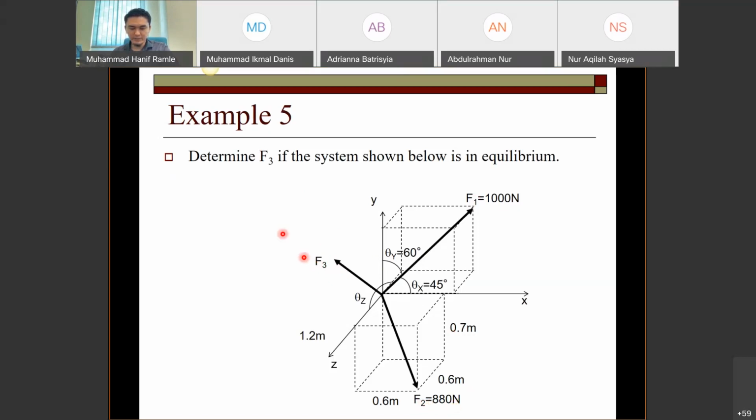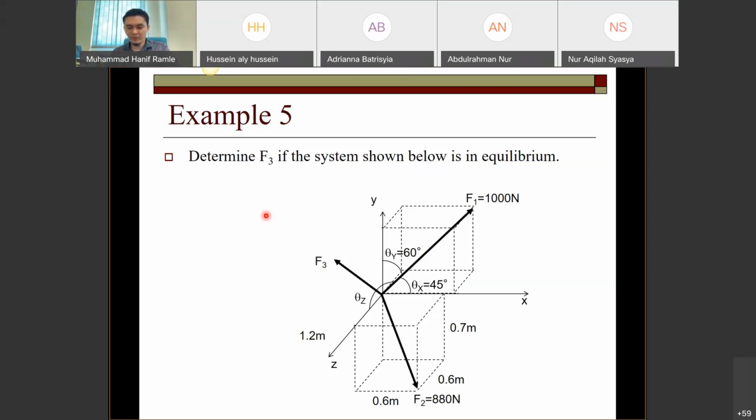Okay, before we start, just want to ask you how to start. What should we do for the first step? We can find the resultant for F2. Yes, how about F1? The third method, the coordinate method.